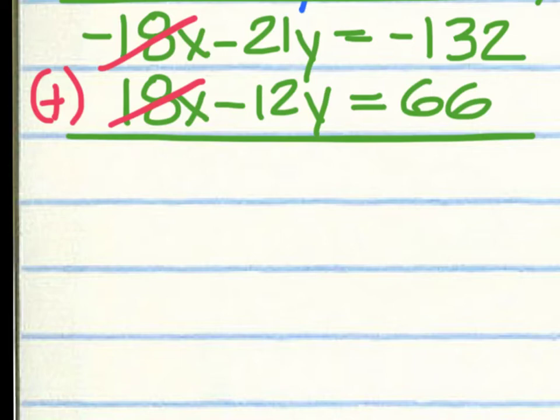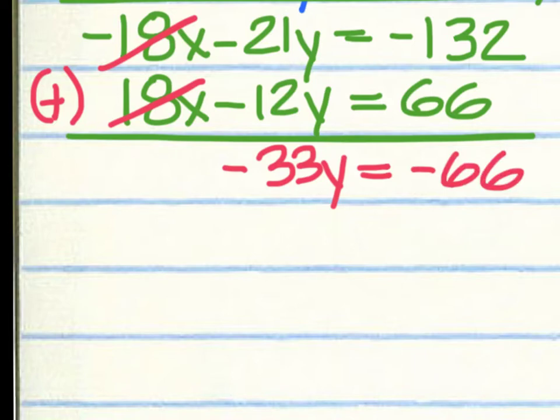So now, -21 plus a -12. That should be a -33. And then we have -132 plus 66. Yeah, it comes out to be a -66.